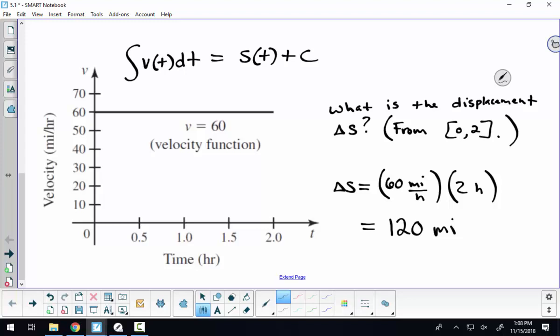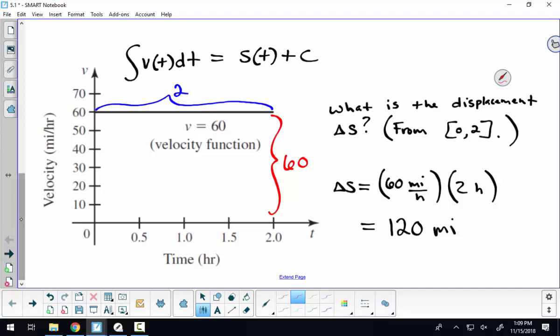If we knew the position function and its initial position, the equivalent way to come up with the displacement is to note that we've traveled the length of this, 2 hours, and the height of this is 60. To get the displacement, we just multiplied 60 by 2.